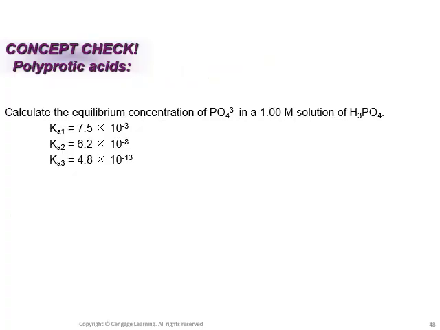And then here is this problem that I've typically given in the past, not recently, for a bonus question, because they want you to find the PO4 3- concentration. To do that, you have to start with your H3PO4 at 1 molar and use this Ka value and get the concentration of the H2PO4-, and then do it all over again, another ice table, and get the concentration of the HPO4 2-, and then do it again to get the concentration of the PO4 3-.